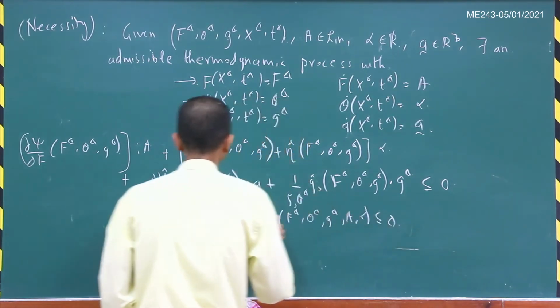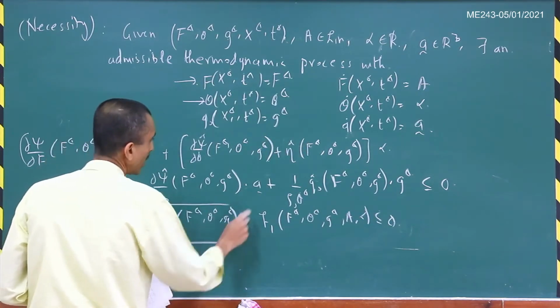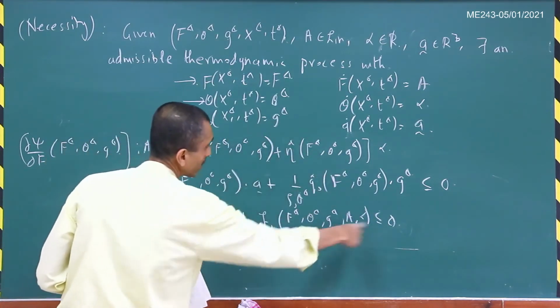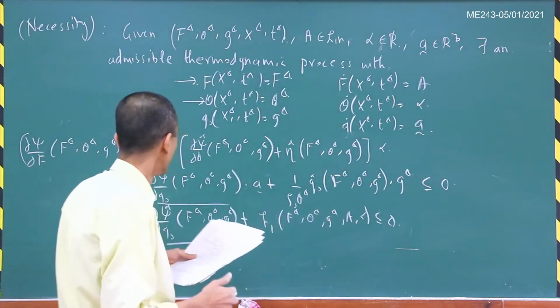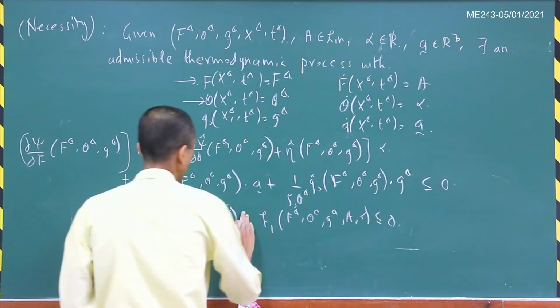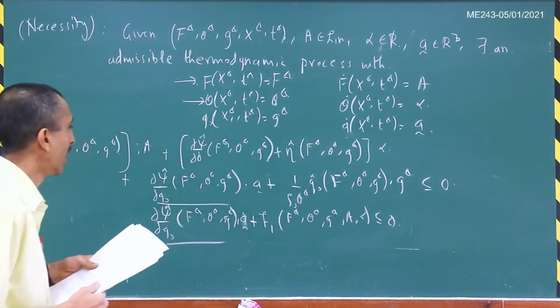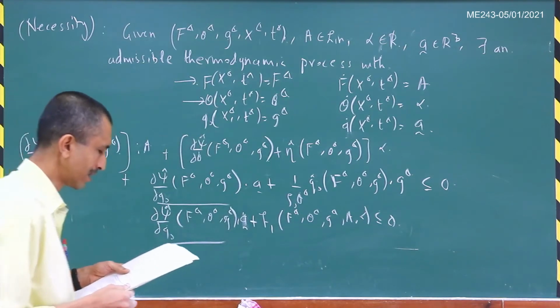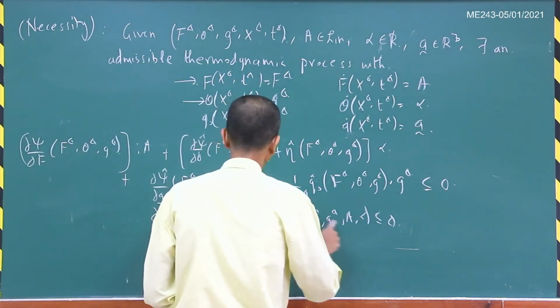Basically, this term I am writing here, and all the remaining terms are just some function of these variables. Sorry, this should be a dot a here plus this f1. And now we can see that this list does not have this a here.